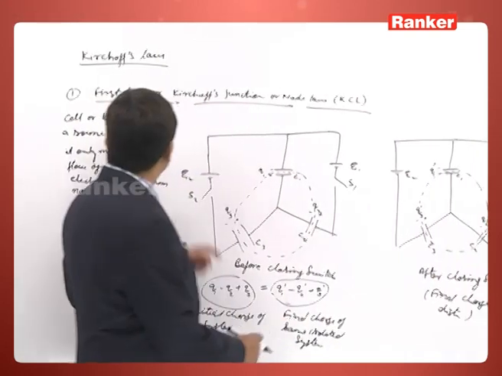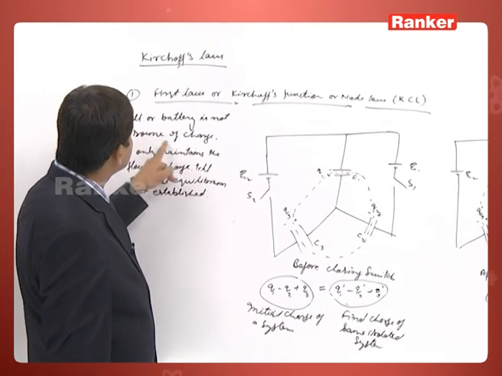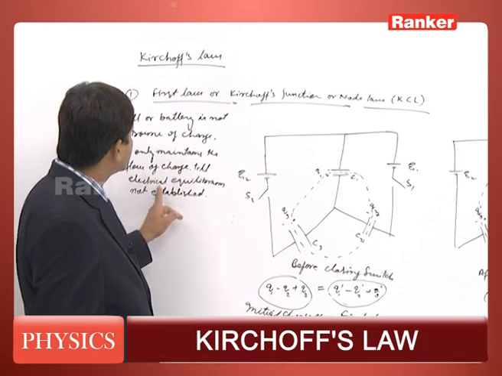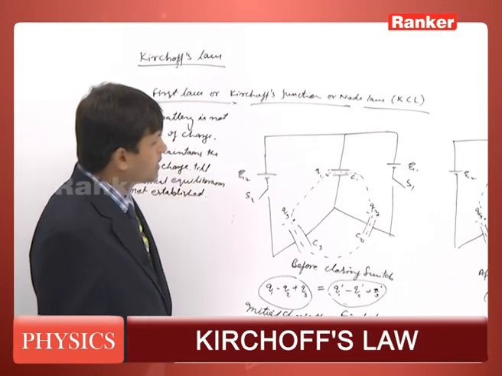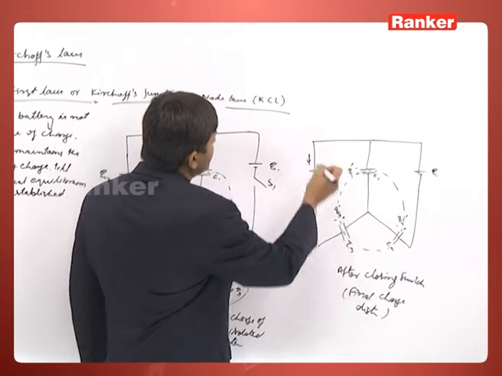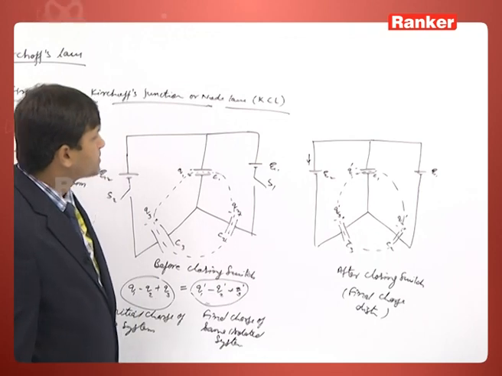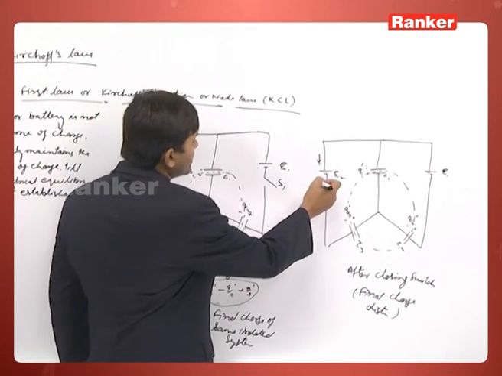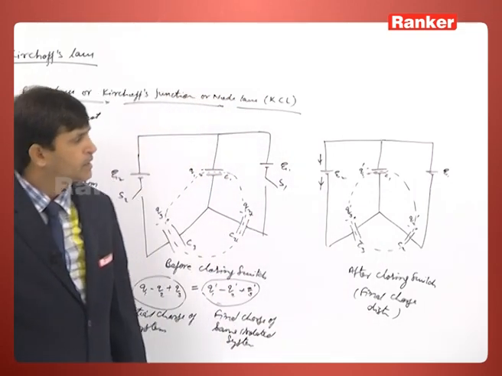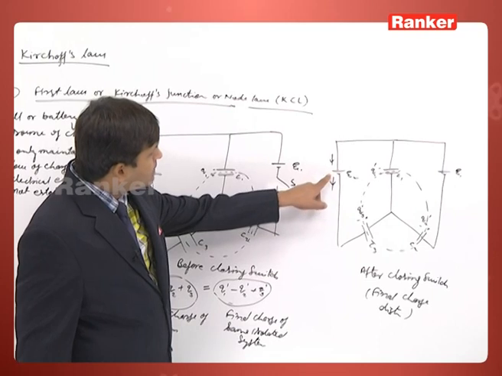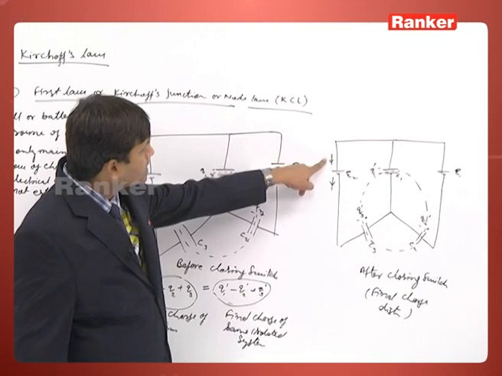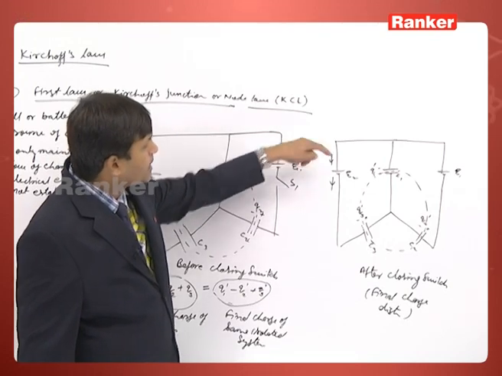So once again, as the cell or battery is not a source of charge, it only maintains the flow of charge till electrical equilibrium is not established. It means we can say whatever charge enters from one electrode of the cell, the same amount of charge has to leave from the other electrode of the cell. So the amount of charge leaving from this electrode will be the same as the amount of charge coming to the other electrode.